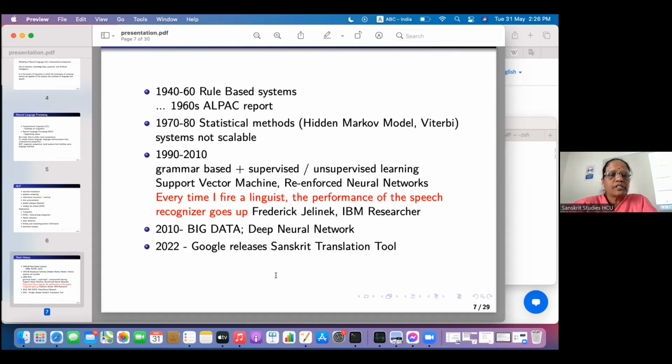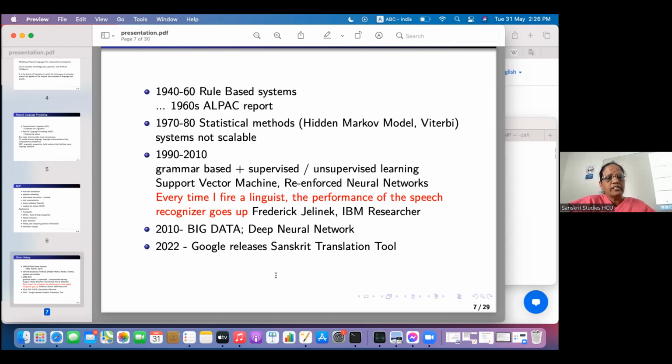There was this ALPAC report, which stopped funding in the US, whereas the funding continued in Europe, and various groups continued the work there.